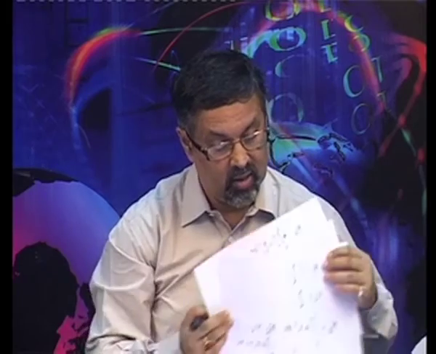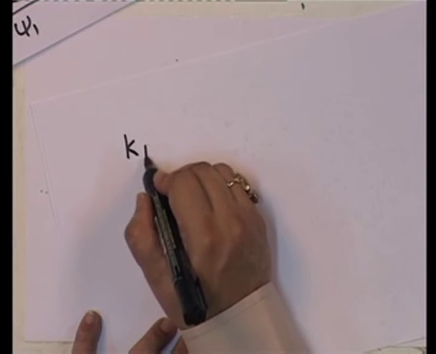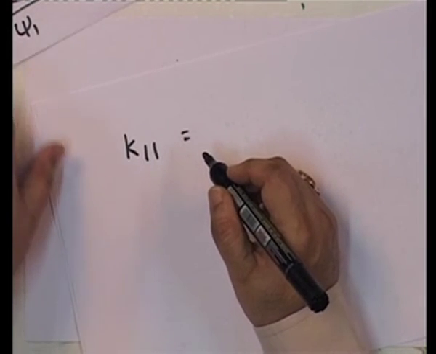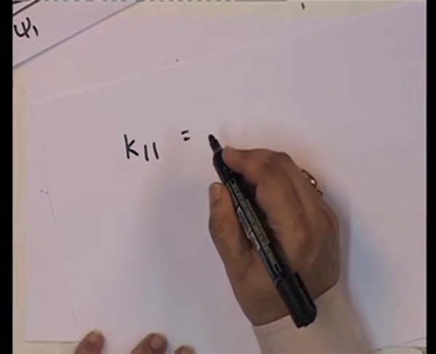Now, for k, let us look back. What are the things that I require for k? If I have a random thing, my k11 is going to be equal to the load, this and this, virtual displacement this too.